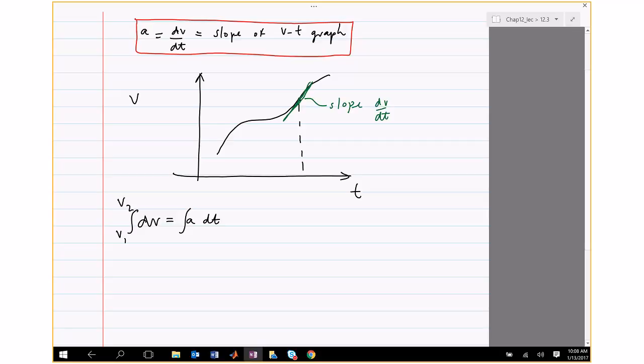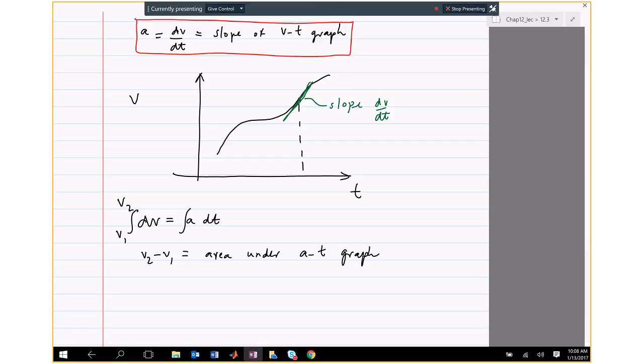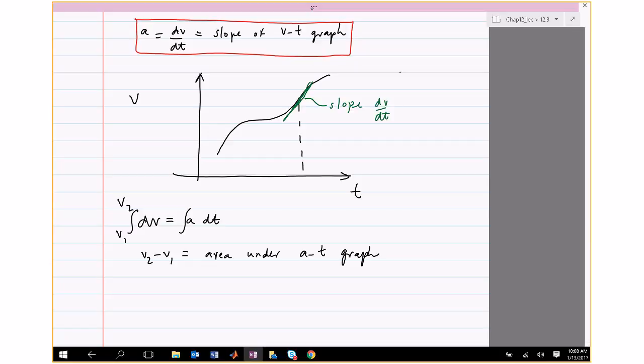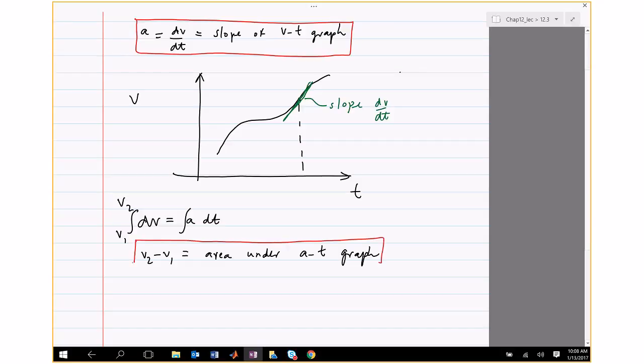Then this integral on the left hand side is simply v2 minus v1, and the integral a dt is actually the area under the plot, right? This is the area under the acceleration time graph. So this is the expression we need, and I'll show you the graphical interpretation of that expression.